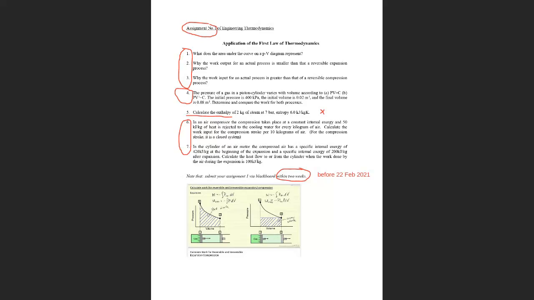For the first 4 questions, they are regarding the calculation of work for a reversible process, and to understand that an actual process means an irreversible process. Any question? If you don't have any question, then we will start our lecture today.